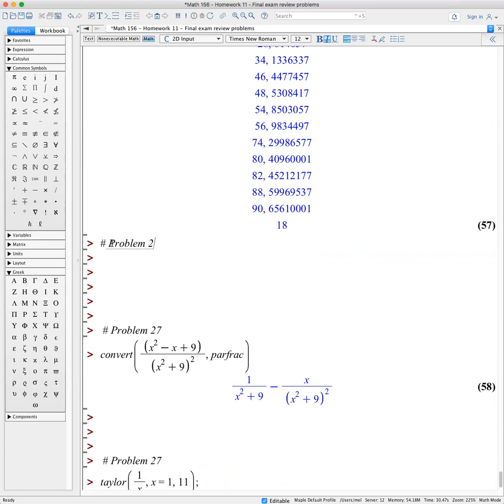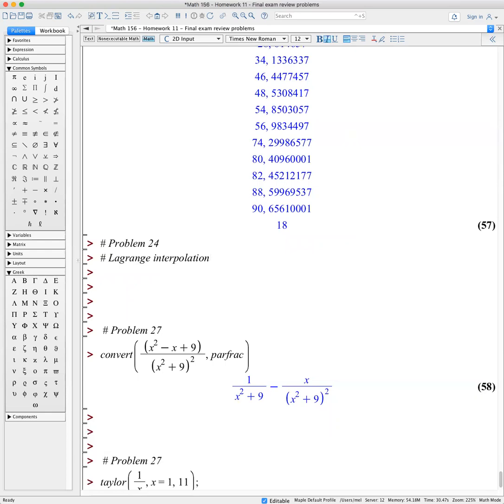Problem 24 is to find a polynomial that takes 4 specific values. f of minus 1 is minus 3, f of 1 is 1, and so forth, and then plot the polynomial. So this is kind of tricky, and if you haven't seen this in calculus or pre-calculus, there's something called Lagrange Interpolation.